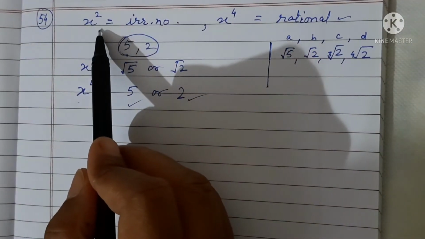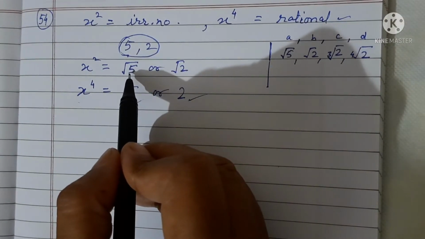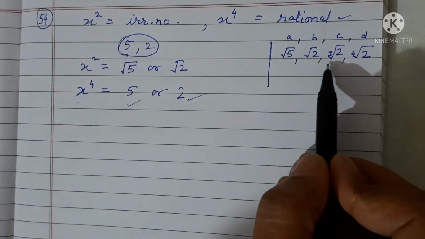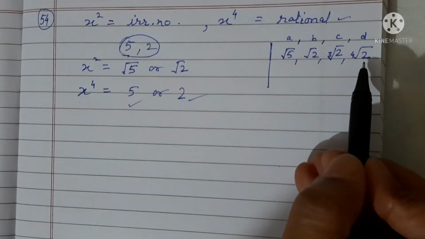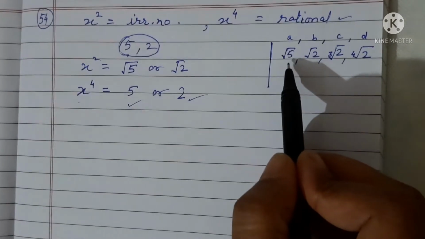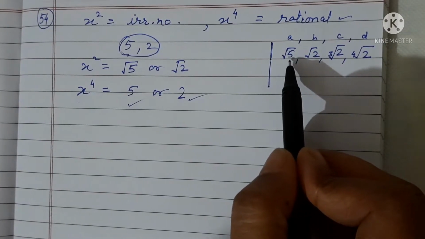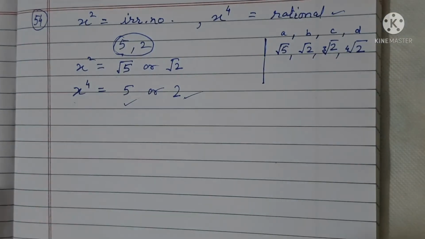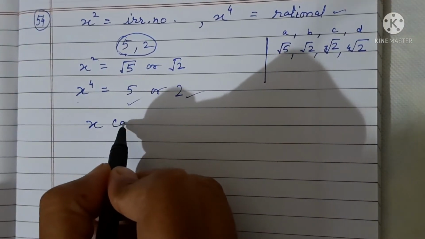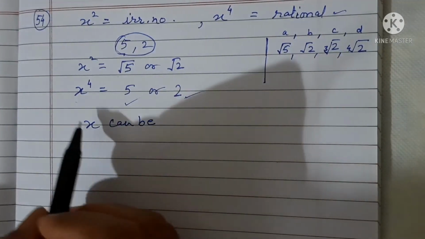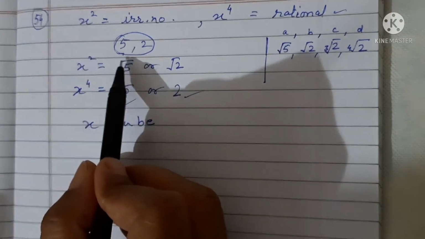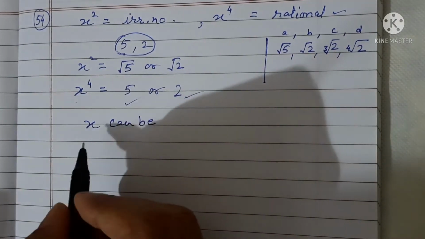Now you can write under root 5 as 5 to the power of 1 by 2. Yes, the question is asking what x can be. So from here, when you take the square root of these numbers, what will you get?